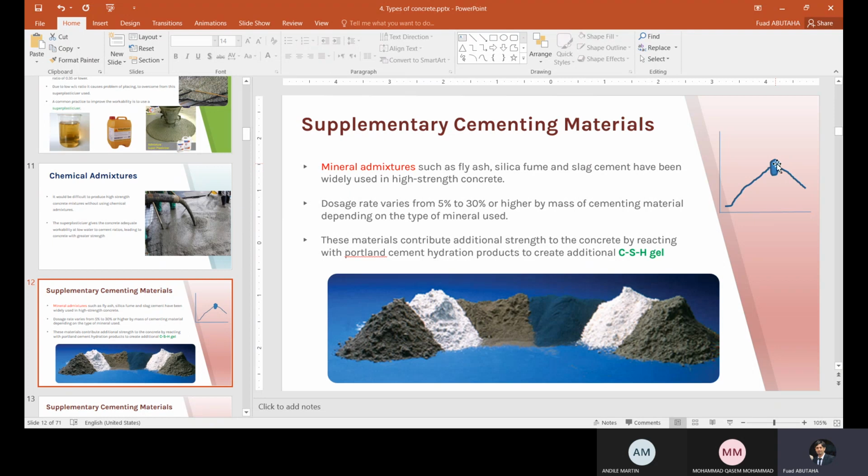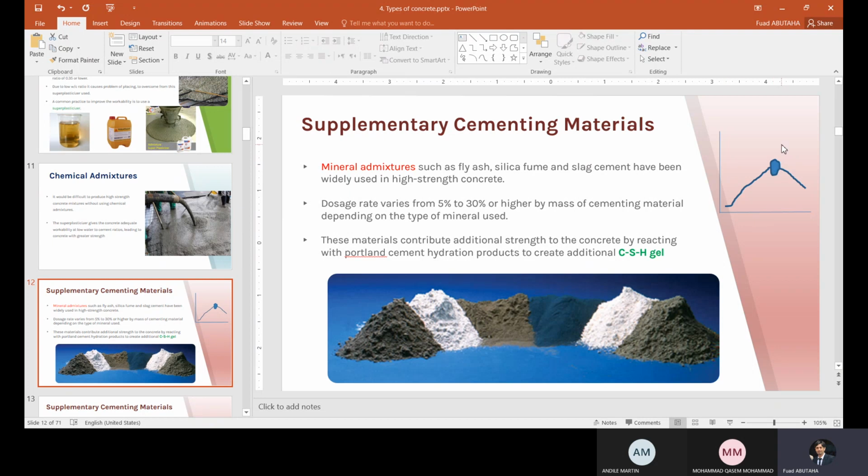This is the point that differentiates between normal and high strength concrete. Up to here, the amount of cement that I can use is standardized according to the calculation steps, and I can get up to here. This is, for example, 40 megapascal.